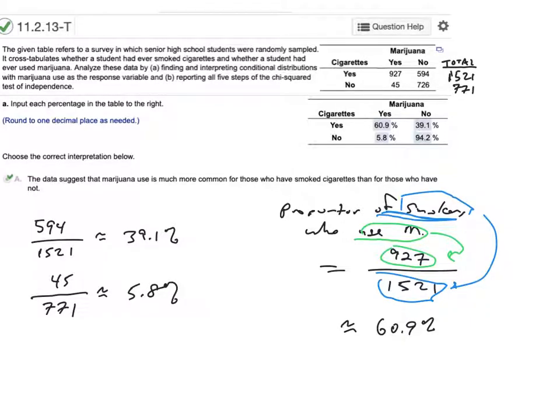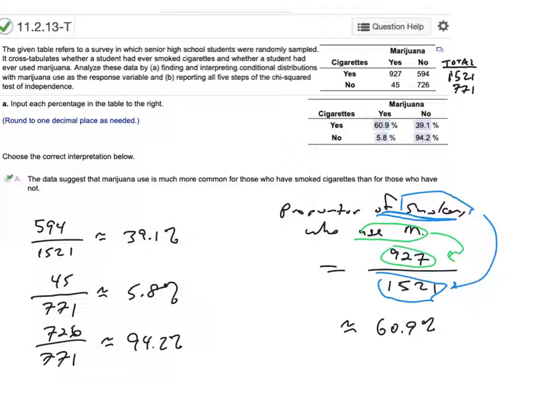And the proportion of non-smokers who don't use marijuana is 94.2%. So we can convert the original counts into proportions of smokers who answer yes or no to the marijuana question and proportion of non-smokers who answer yes or no to the marijuana question.